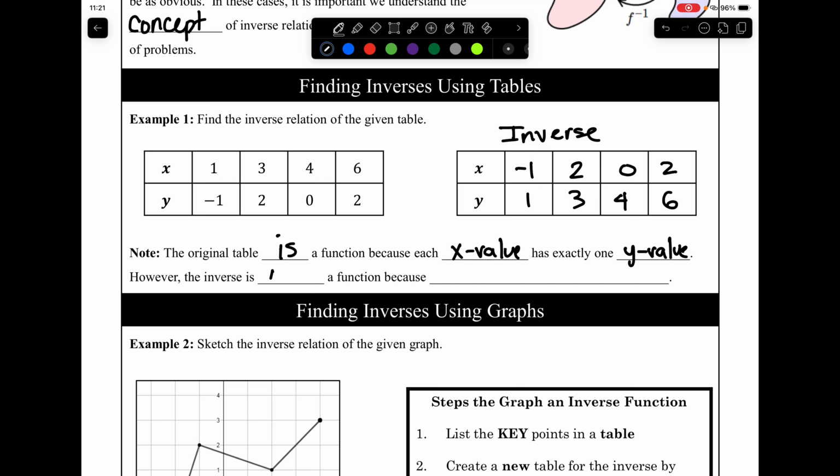So this is not a function because 2 has 2 different outputs, 3 and 6. So sometimes when we have a function and we get the inverse, it doesn't necessarily create a function as well, okay? But we can still figure out what the inverse relation is, even though we cannot classify it as a function.